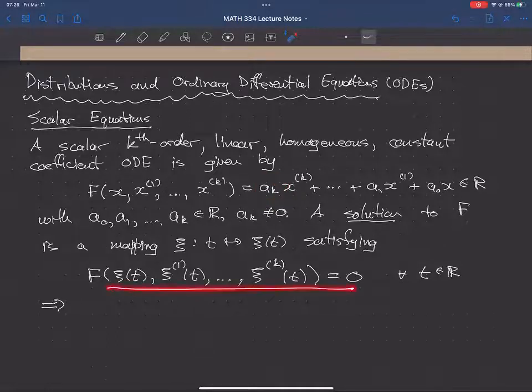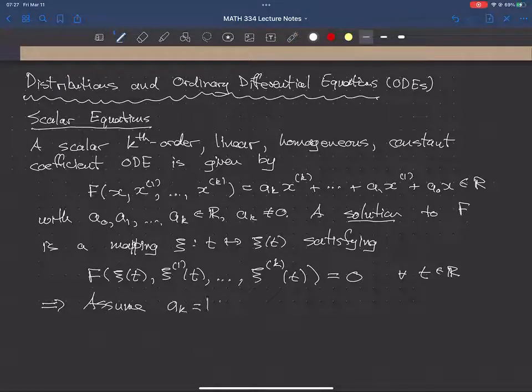We're going to assume now that a_k is equal to 1, or equivalently divide through by a_k, because I'm assuming that it's not 0, and then redefine all of the other a's, so a0 is a0 over a_k, and so on. And then my equation looks like this. Sorry, the condition for a solution looks like this.